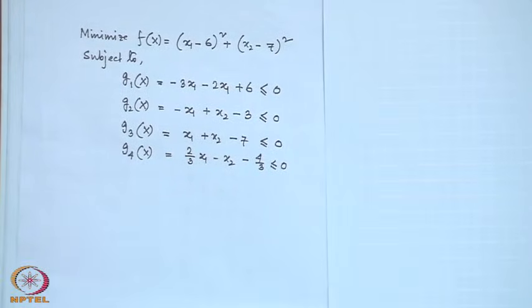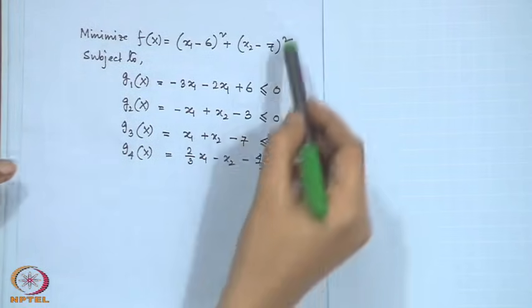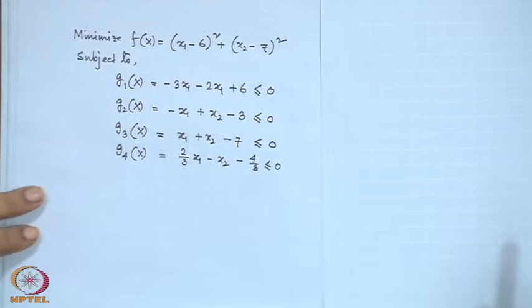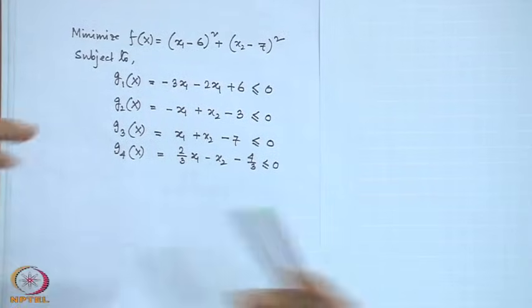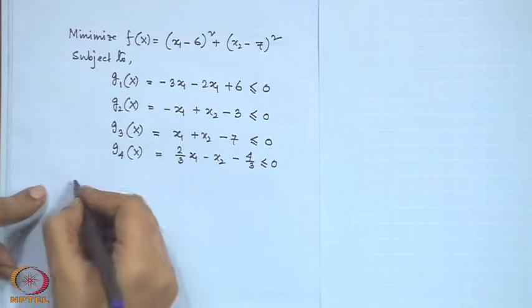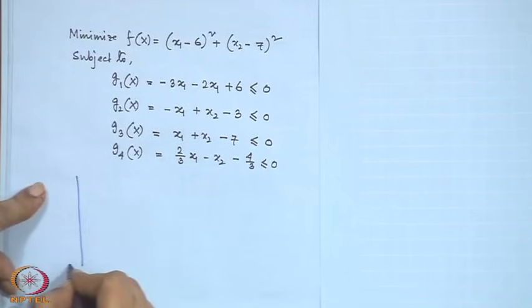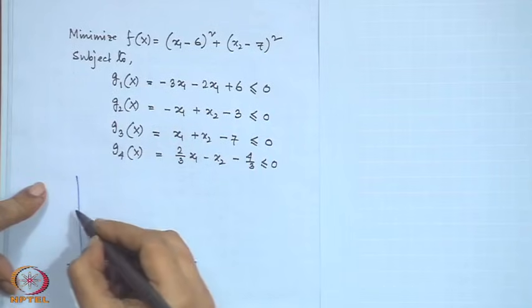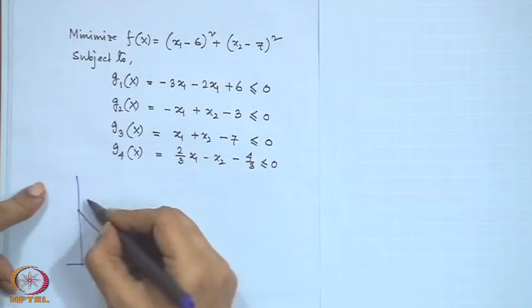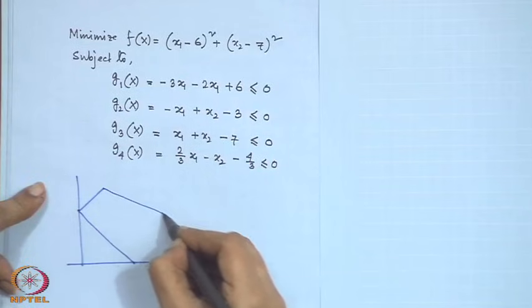If I consider this example, we have the objective function and 4 constraints. Here we have considered linear constraints; we can consider non-linear constraints as well. Now, if we draw the graph of it, the functions will be like this.